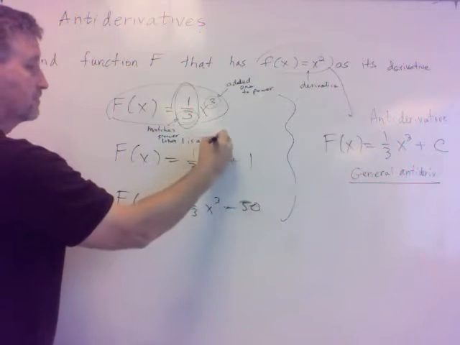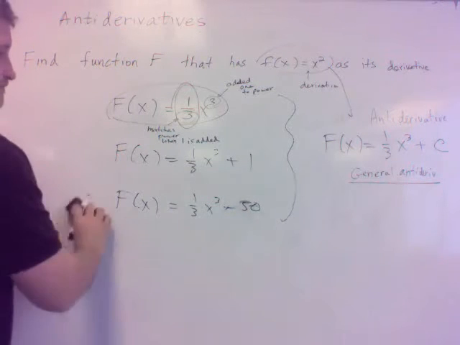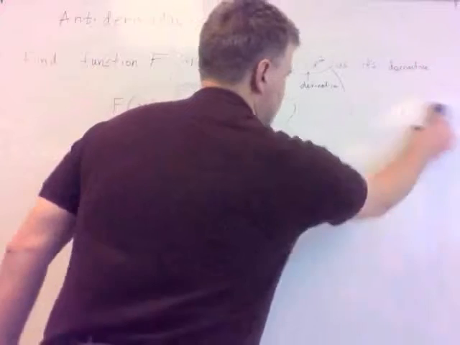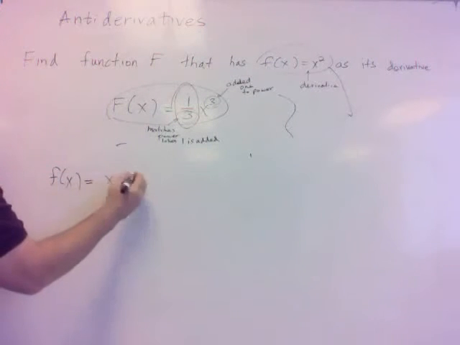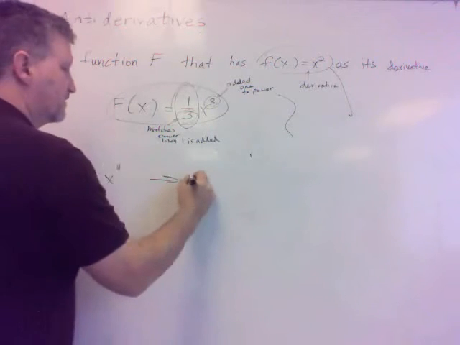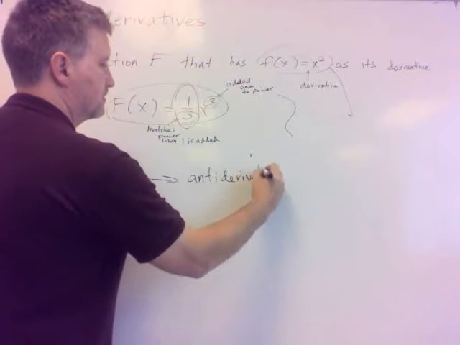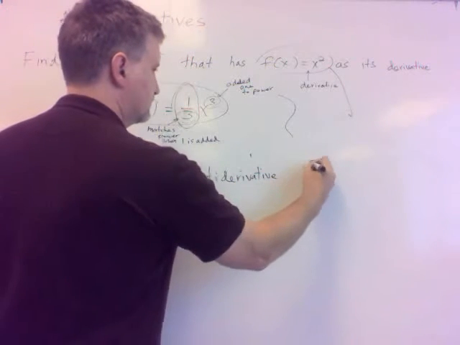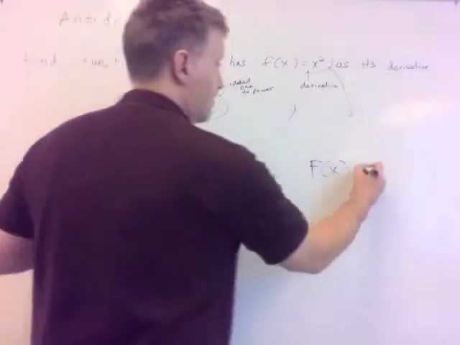And that's not going to change. Because if I do the very same problem, but f of x equals x to the 4th, the very same thing is going to happen to get the antiderivative, big F of x. To do the antiderivative of that, I'm going to have to increase the power by 1.